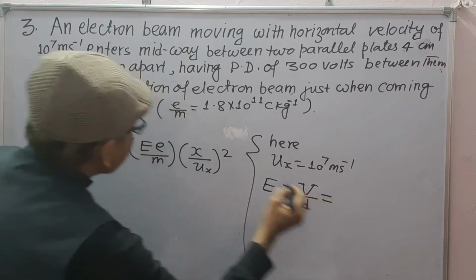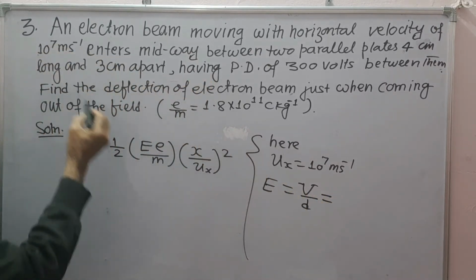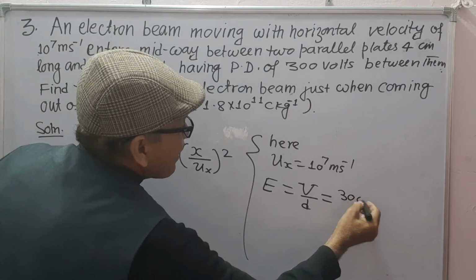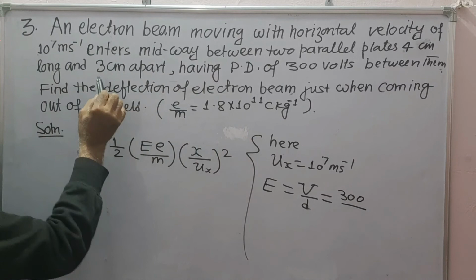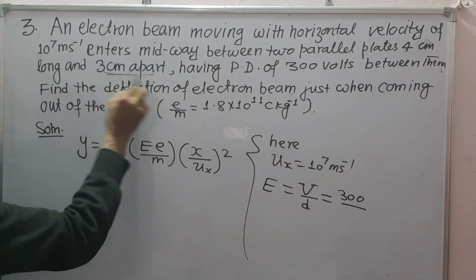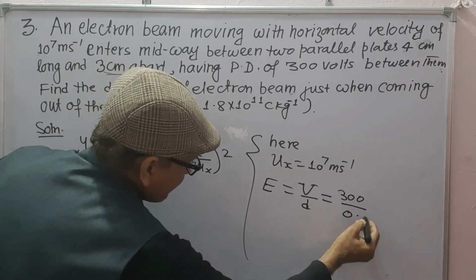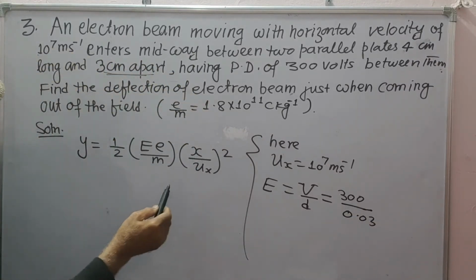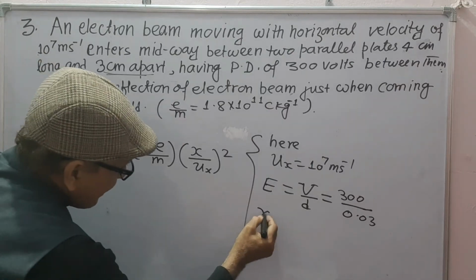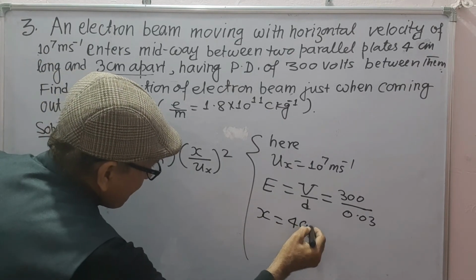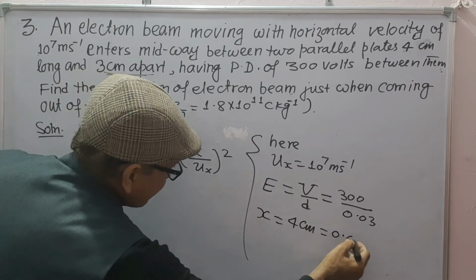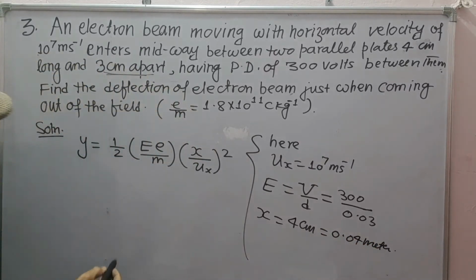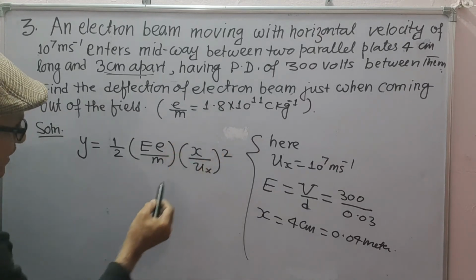V is 300 volts, and d is 3 cm apart, that is 0.03 meter. x is the length of the plates, 4 cm, that is 0.04 meter. e by m is given to be this much.